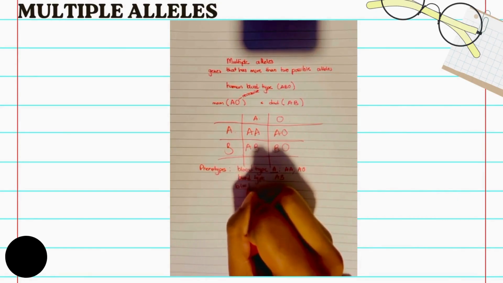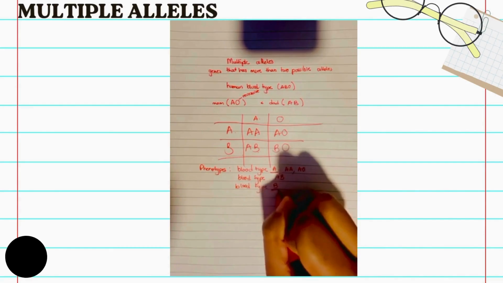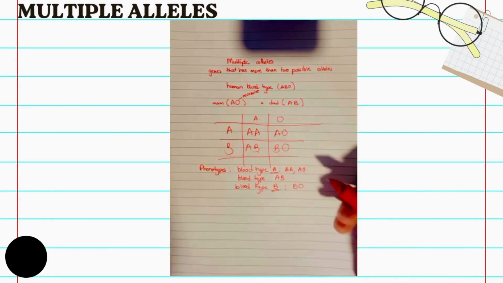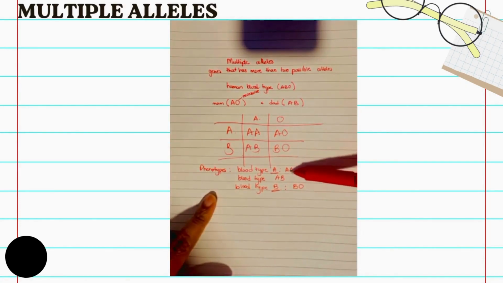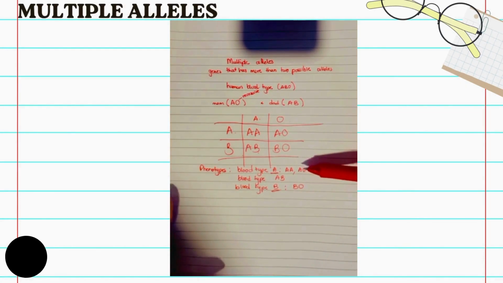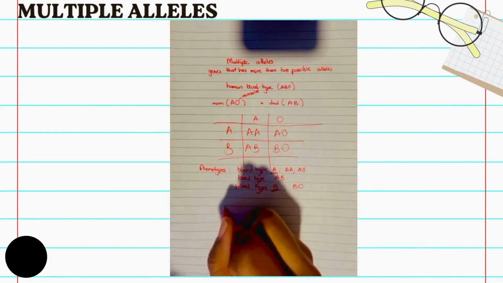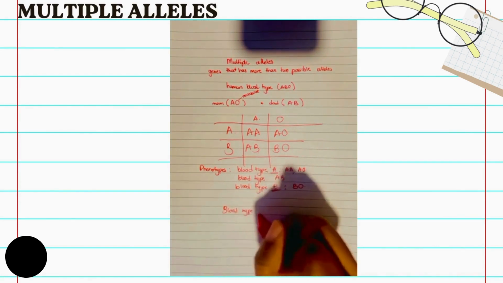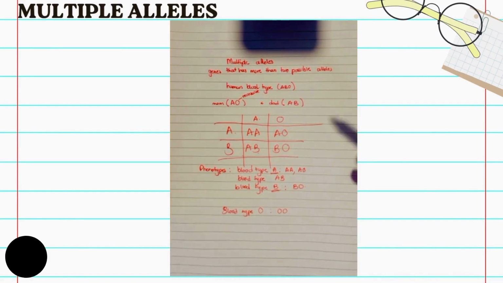And the third blood type we have here is blood type B, because again the allele for O is recessive and the other alleles are dominant. Blood type O, as I said, is recessive, which means it would need two alleles to present. So when a person has blood type O, they have both alleles for O.